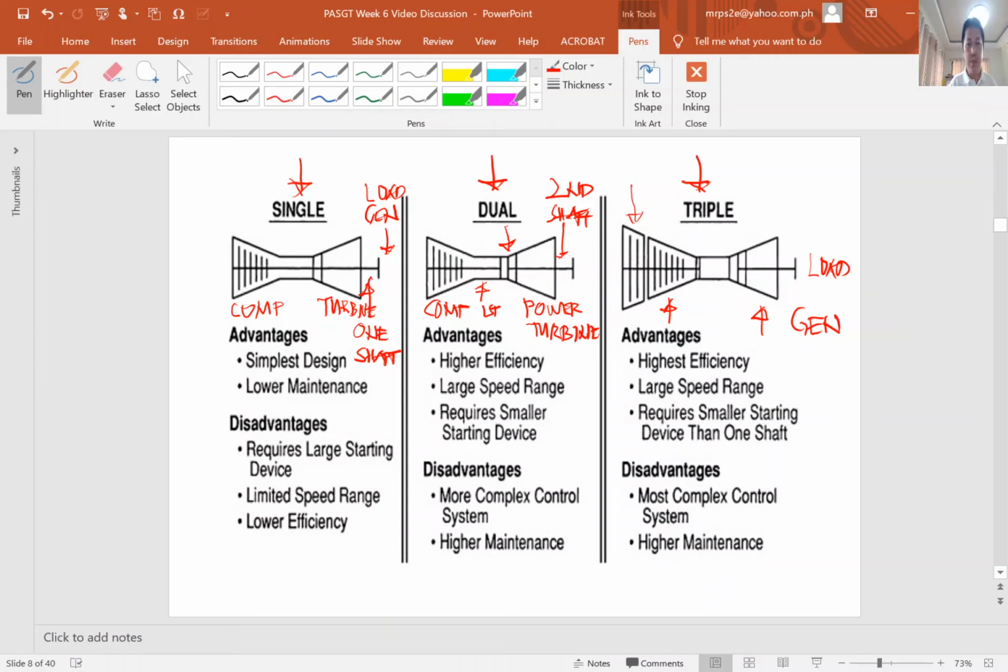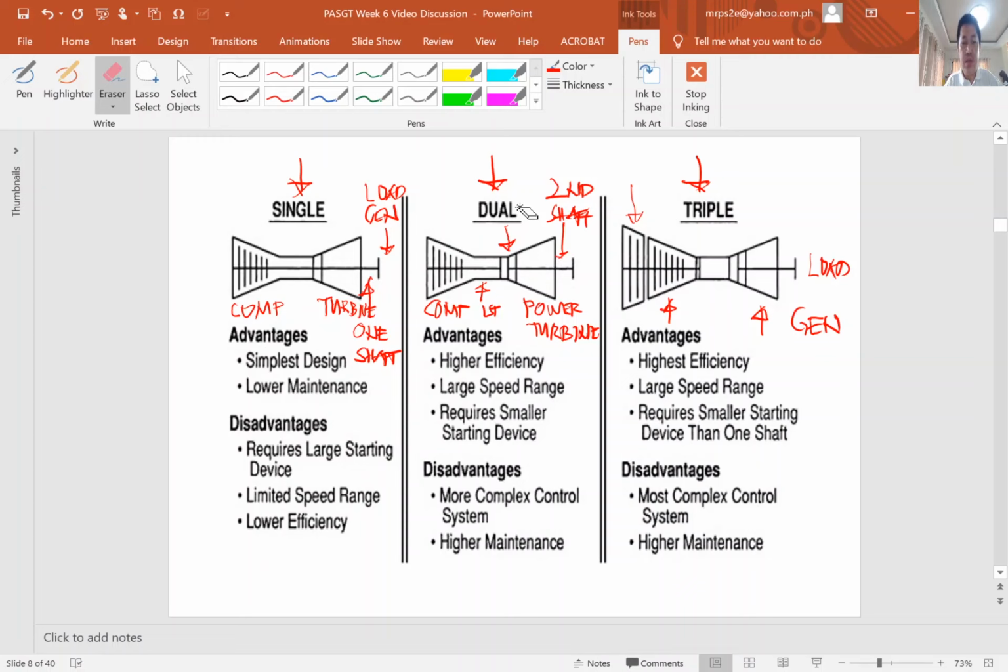For the single shaft, the advantages are simple design and lower maintenance, and the disadvantages are that it requires a large starting device, limited speed range, and lower efficiency. So those are the advantages and disadvantages of single shaft gas turbine.